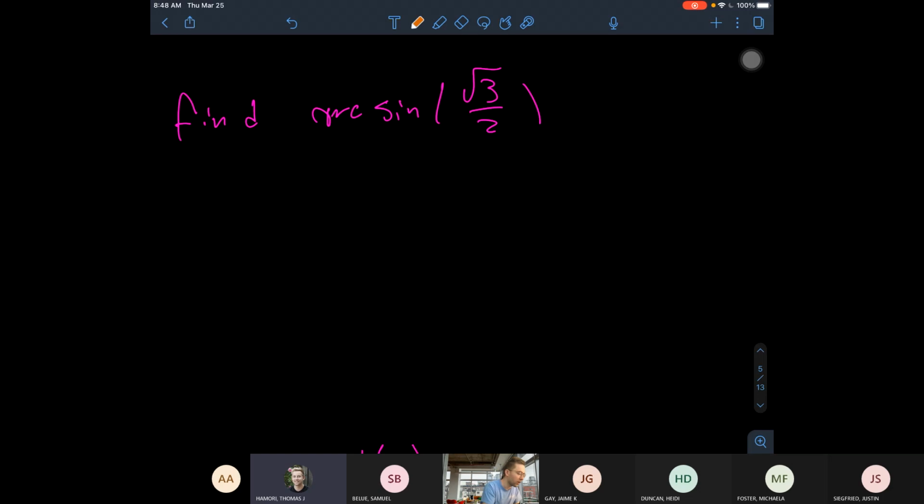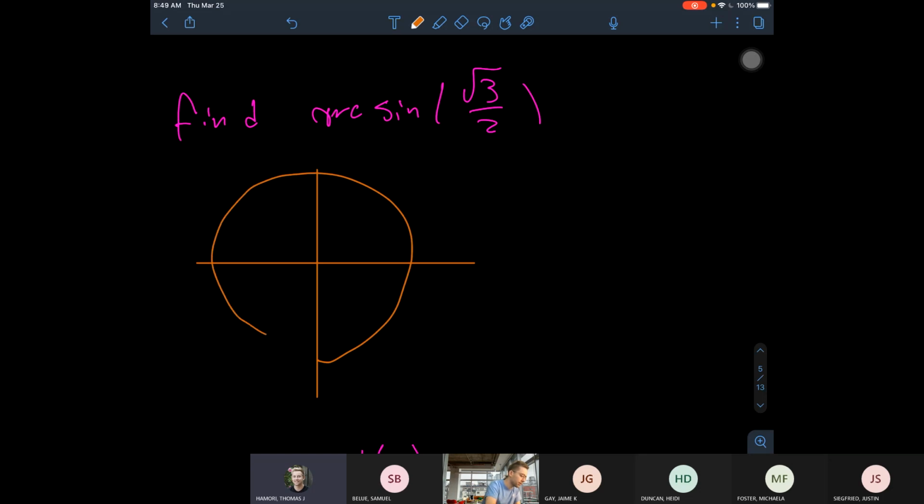If I want to know what is the angle theta which produces square root 3 over 2 as a y value on the point on the unit circle, can anybody give me some ideas of how I might start this problem?